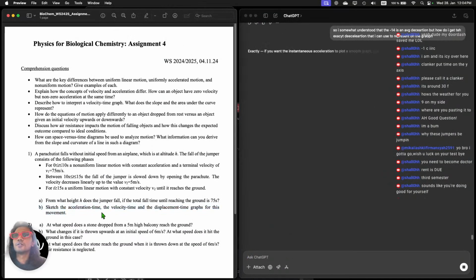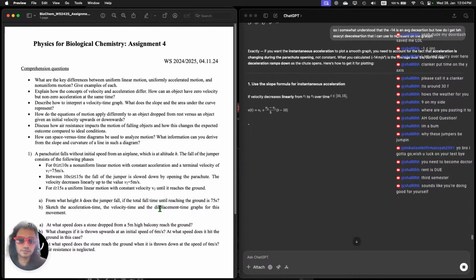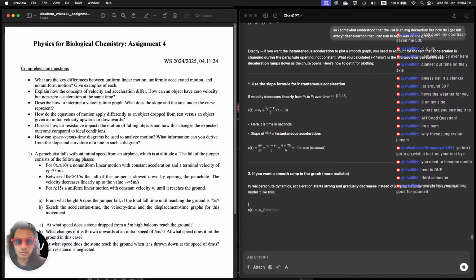What else? Velocity time. How is velocity time looking? Oh no. Velocity time looking like velocity time?